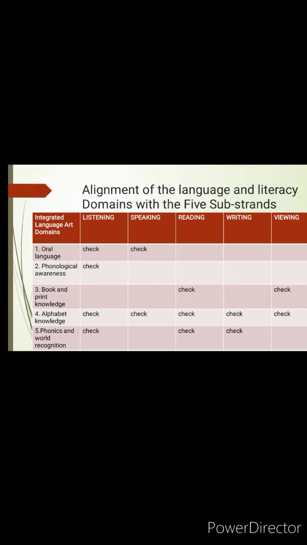The fourth is alphabet knowledge. The substrands we use are listening, speaking, reading, writing, and viewing. Five is phonics and word recognition. The substrands we use are listening, reading, writing.